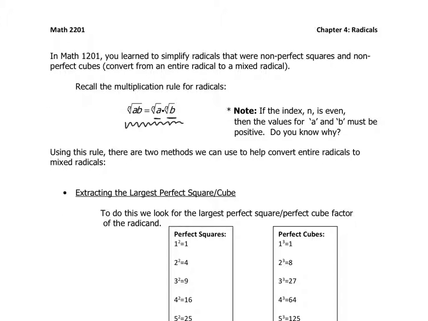And that will only work if n is even, meaning like square roots, and that you have to have A and B being positive, because if A and B were negative, they wouldn't be defined. For example, the square root of A is not defined if A is negative.